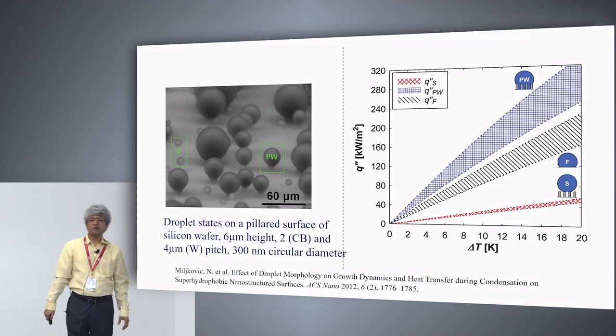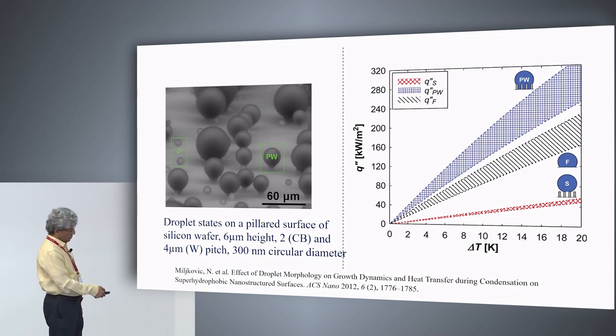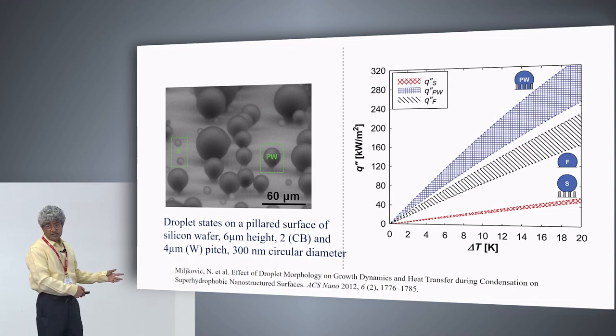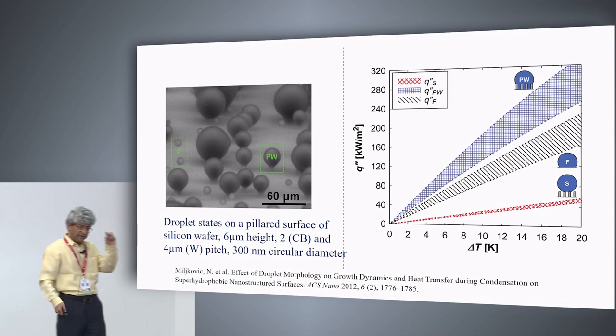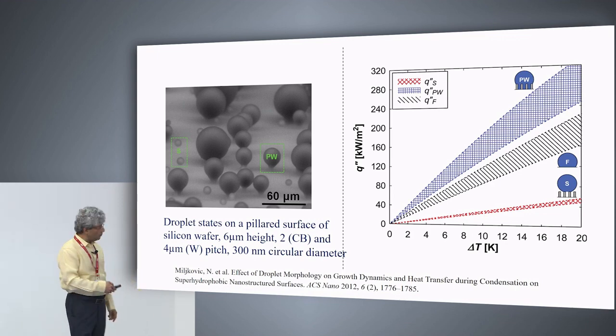So that was a kind of negative outcome. For pillared surfaces, these are short pillars. And of course, in that study, it was shown that partially wetting surfaces will have water in the interpillar gap, and therefore the thermal resistance may go down. But those are all for small pillars with silicon.